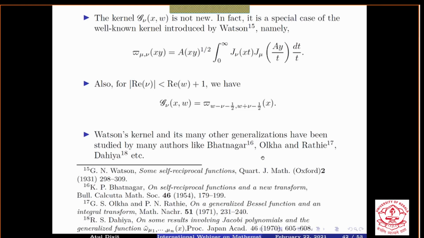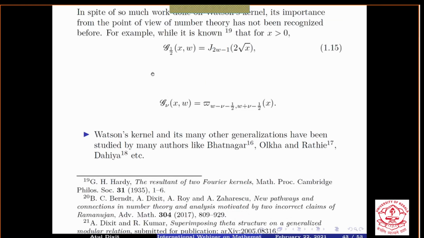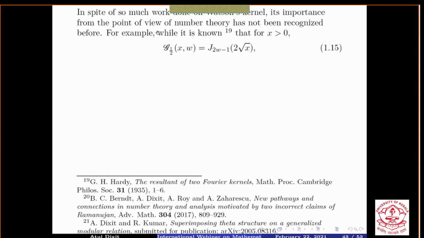Many people, in fact many Indian mathematicians, Bhatnagar, Olkha, Rathi, Dahiya, also one of the speakers in this session of ours, Professor Pathan, have worked on more general kernels which encompass this function. However, nobody had studied the importance of this kernel from the point of view of number theory, and that's what I hope to have demonstrated in this work.